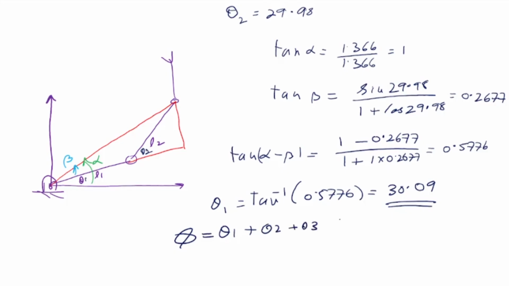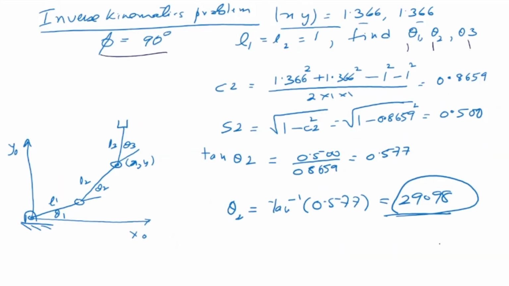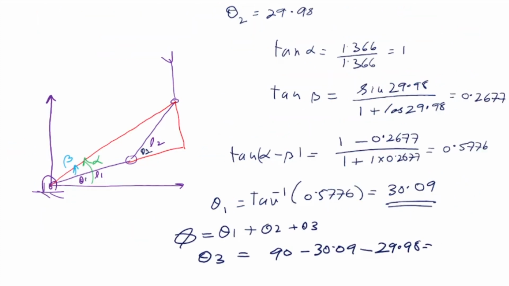So theta 3 is equal to phi, which was 90, minus theta 1, which is 30.09, minus 29.98, which is equal to 29.93. That is theta 3.